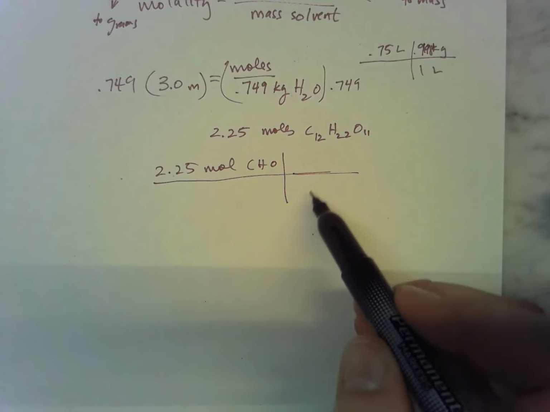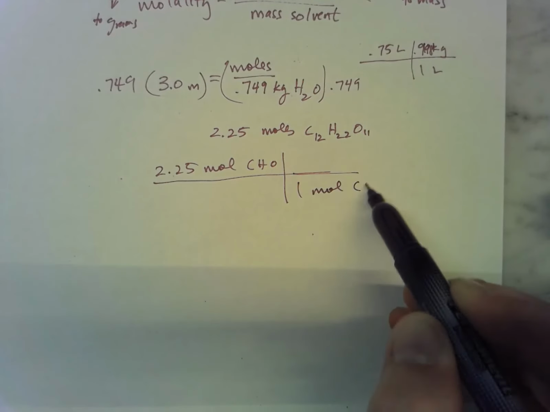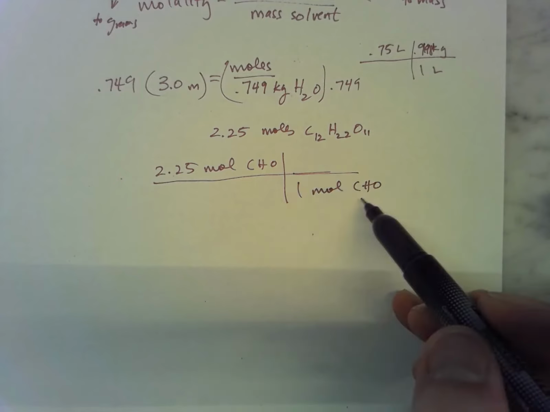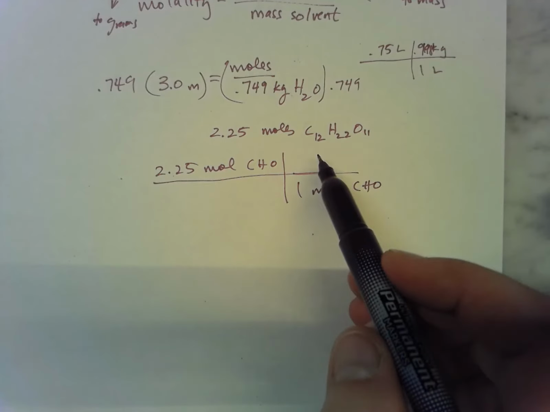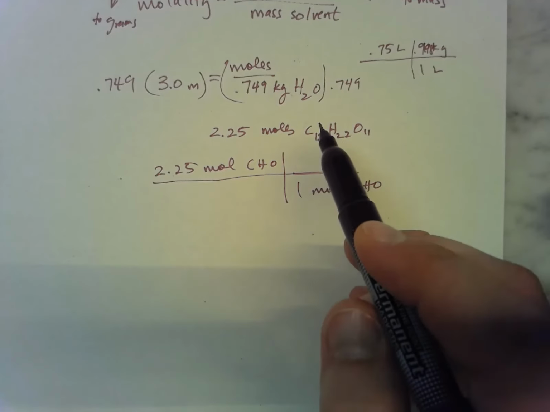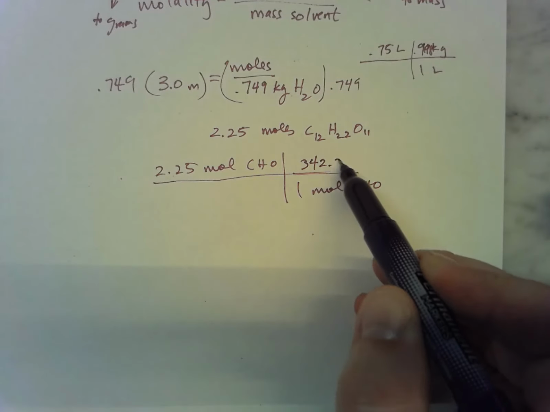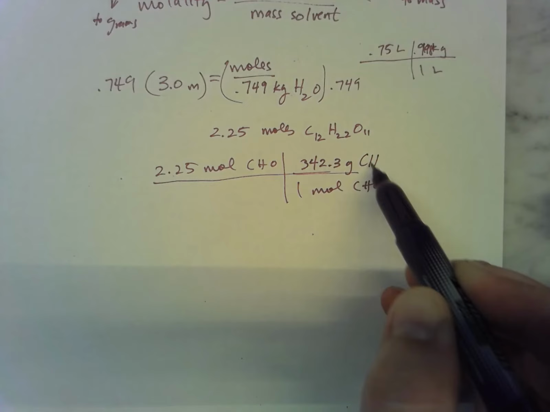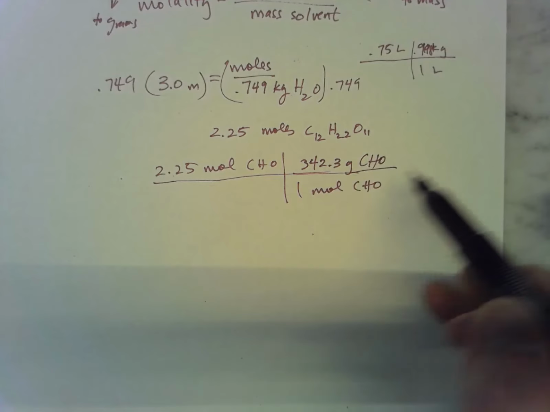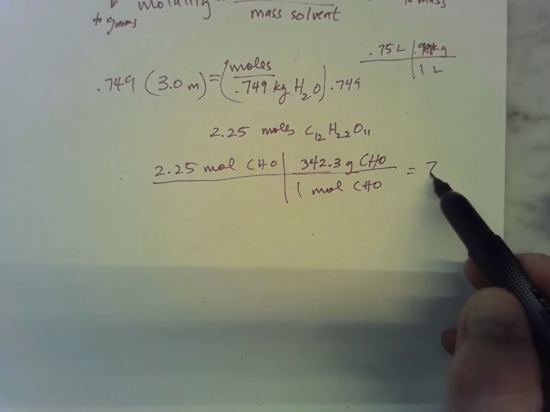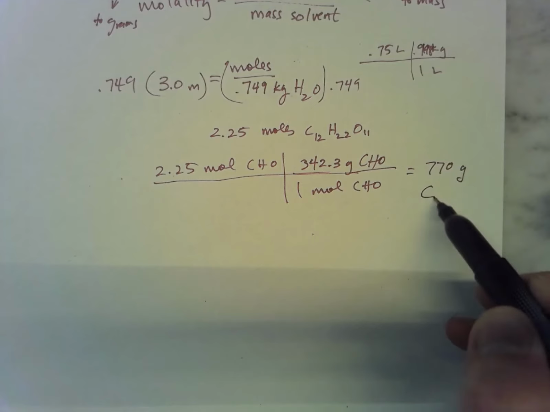We know that 1 mole has a mass of 342.3 grams. We multiply that through and we would know that there are 770 grams.